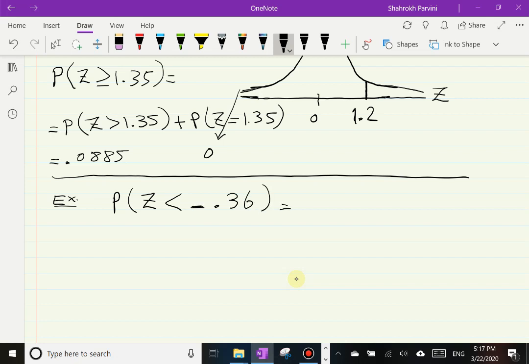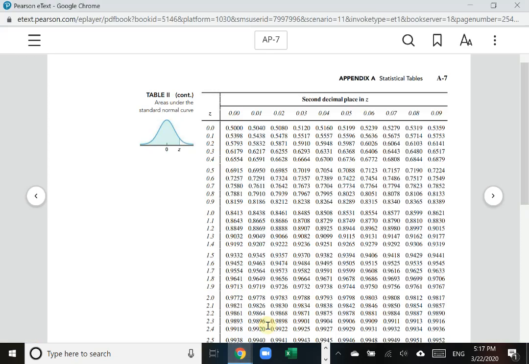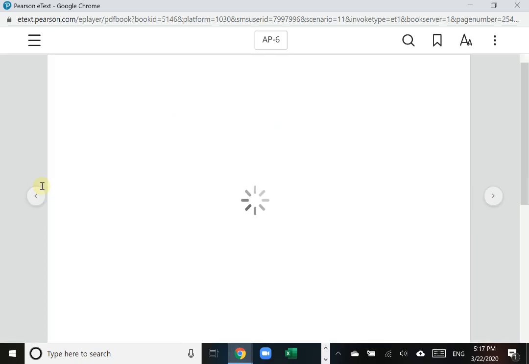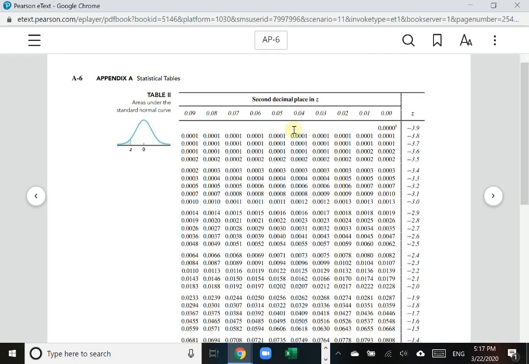Well, that table that we went to, it comes in 2 pages, as I mentioned earlier. So here's the table on page AP7. If you go back to AP6, now here you're looking at negative z-scores. See right in here? These are negative z-scores.